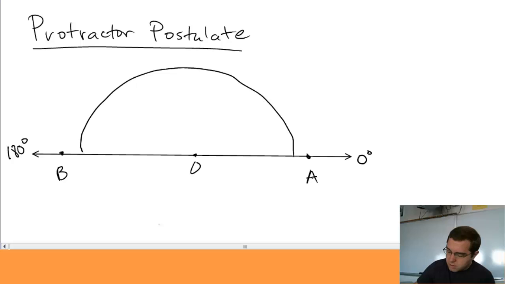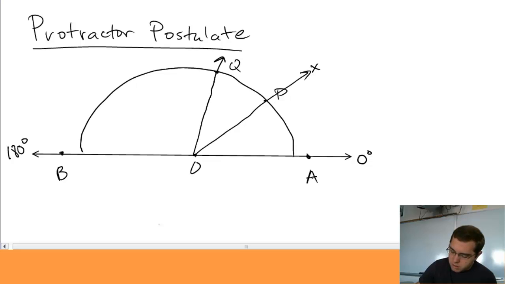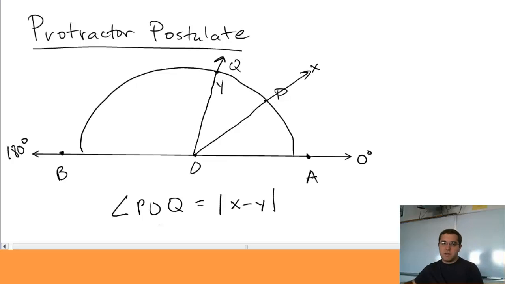And if P is some point out here, OP is paired with the number X, and OQ paired with the number Y, then the measure of angle POQ is simply the absolute value of the difference between X and Y.